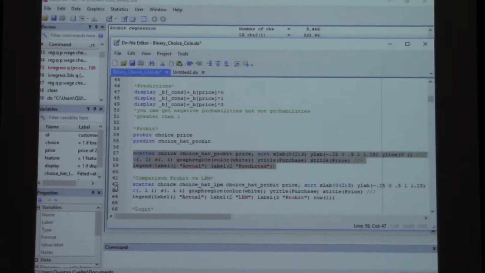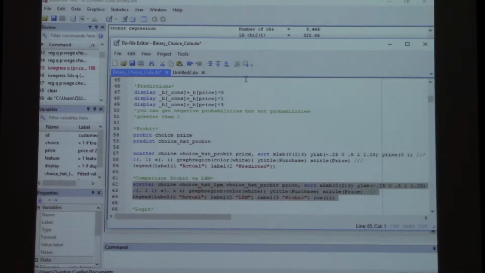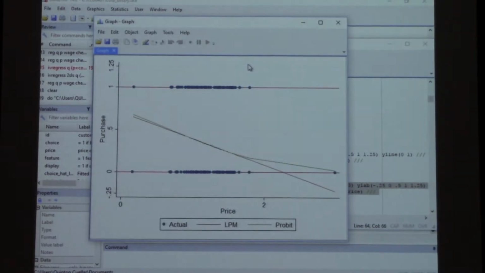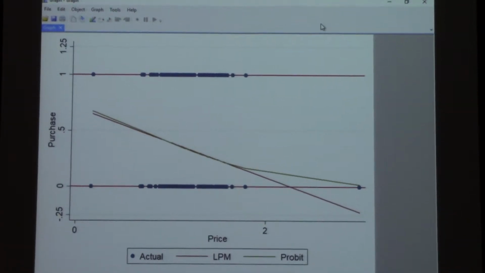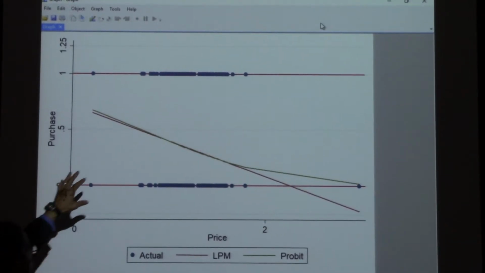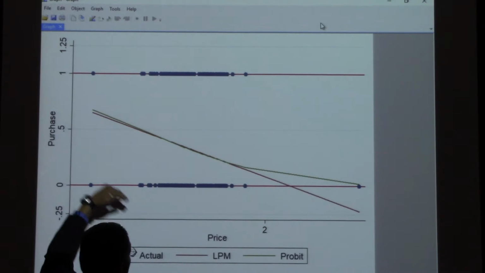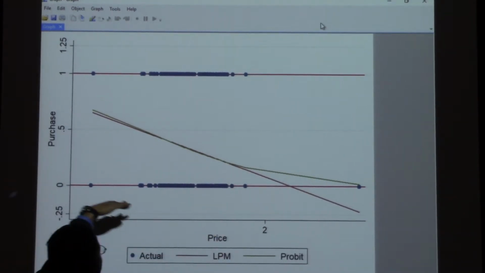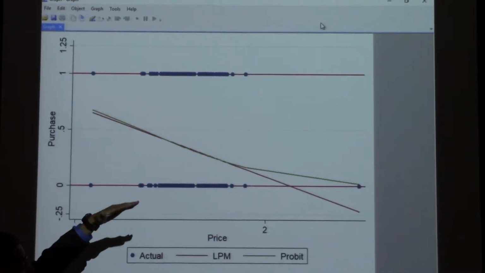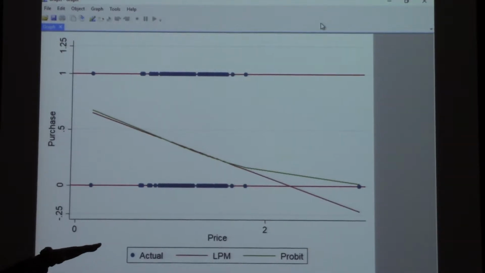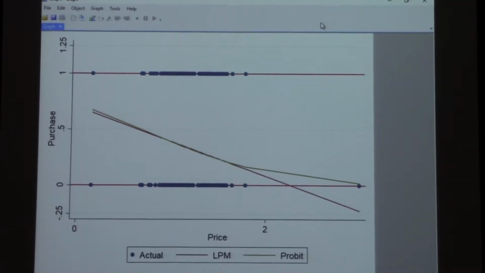Here's a comparison of our probit with our much hated linear probability model. Again, look, it's pretty close for a good chunk here. But this is S-shaped, so it's going to become, as they say, asymptotic to the 0 axis, and it technically goes on forever. And the same with the top.